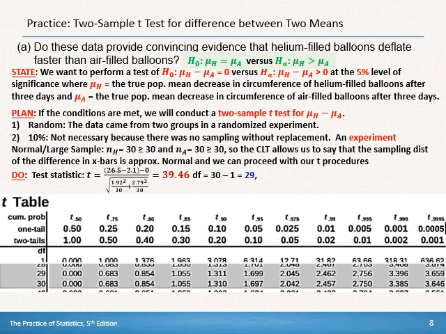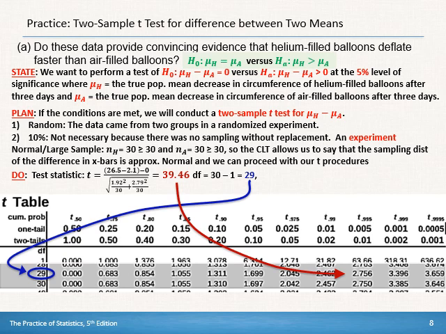If we're using the t-table, we simply go to our row 29, look across that row, and look for our t statistic of 39.46. Well, there is no number even close to 39.46. The biggest number on the far right side of our table is 3.659.